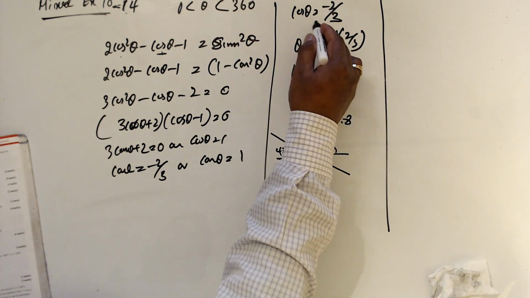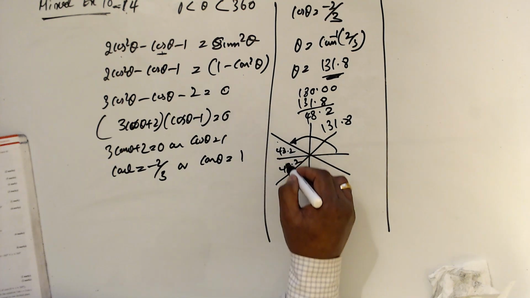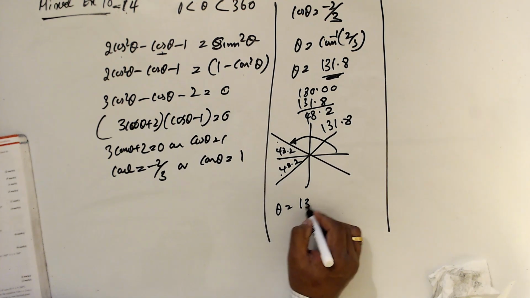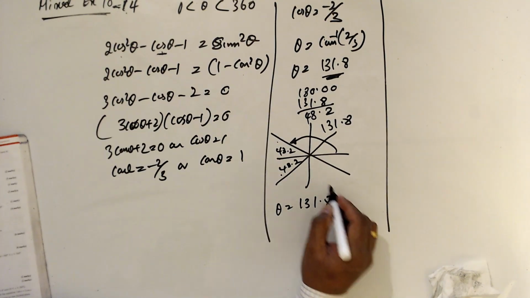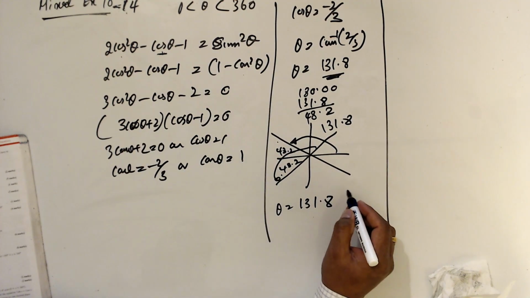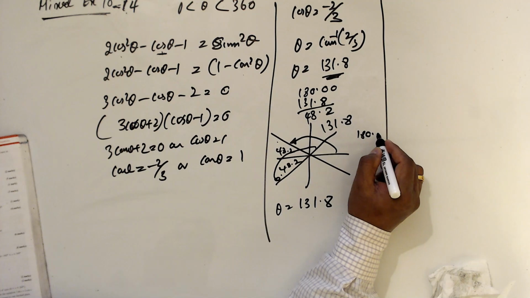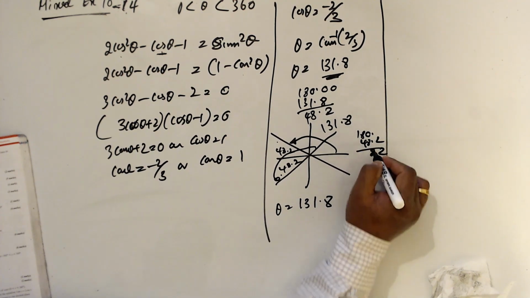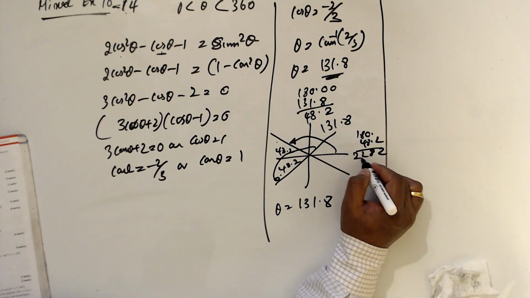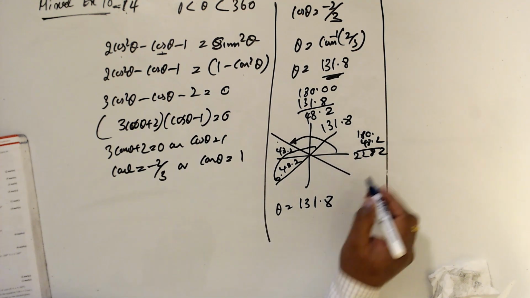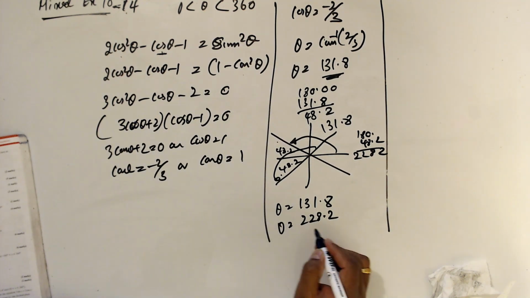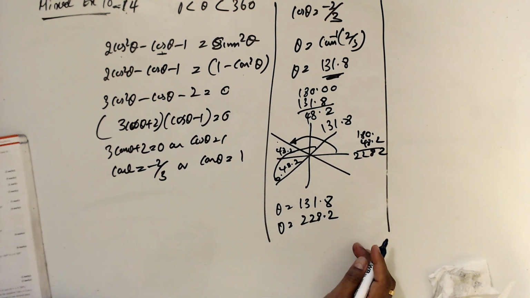Cos is negative in the second and third quadrants. So theta equals 131.8. The other angle is 180 plus 48.2, which is 228.2. And that's all we can take from there.